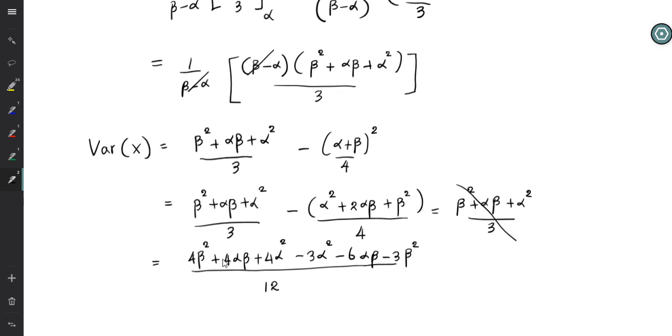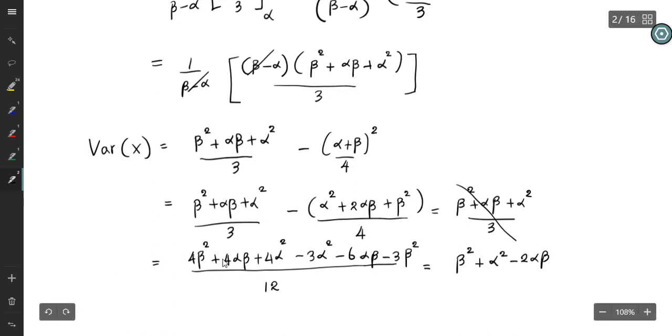Now let's try to cancel out the common terms. We will end up with 4 beta square minus 3 beta square, we have 1 beta square. Then we have 4 alpha square minus 3 alpha square, so we end up with 1 alpha square plus 4 times alpha beta minus 6 times alpha beta, which will end up with negative 2 times alpha beta, divided by 12.